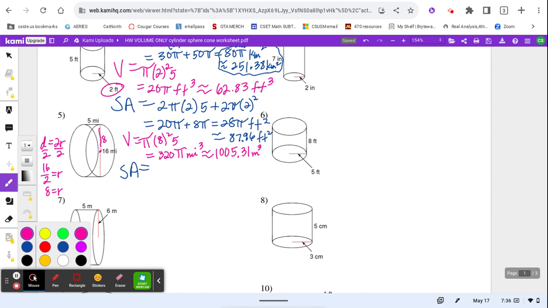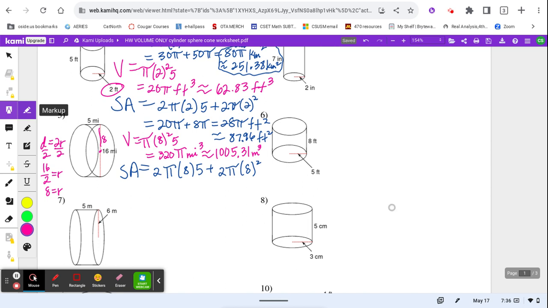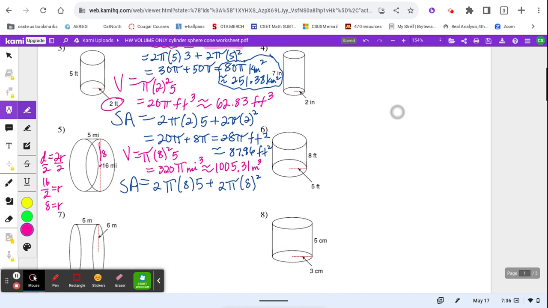Surface area is going to be that blue formula above. 2 times pi times the radius times the height plus 2 times pi times the radius squared. So again, just to remind you where these came from, see how up top I highlighted.